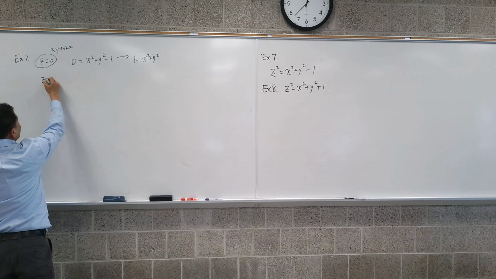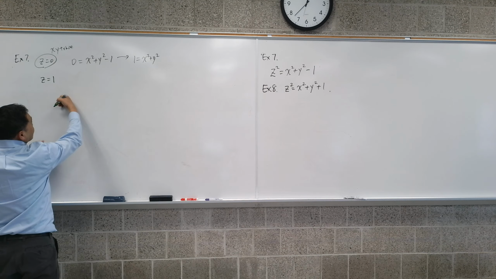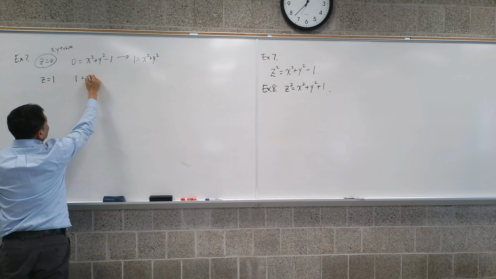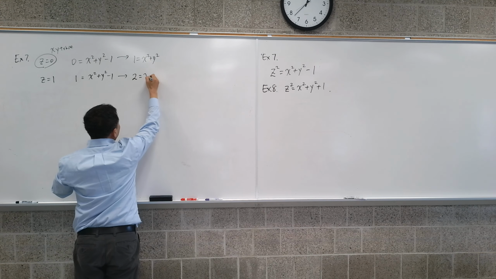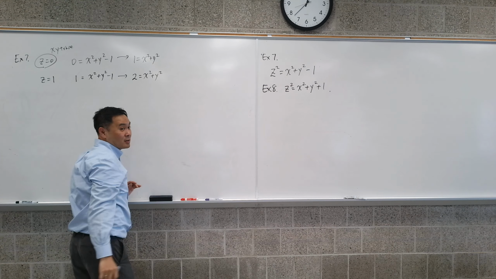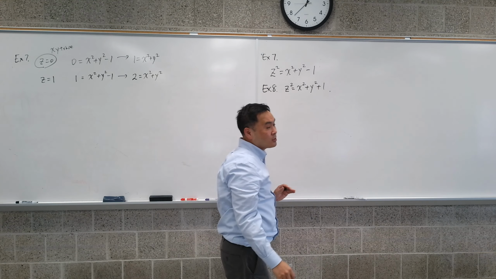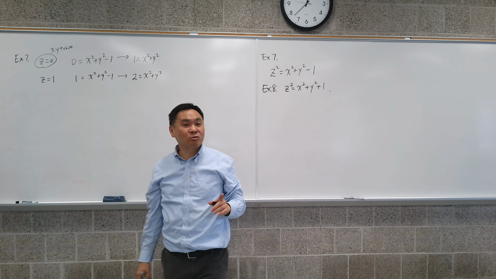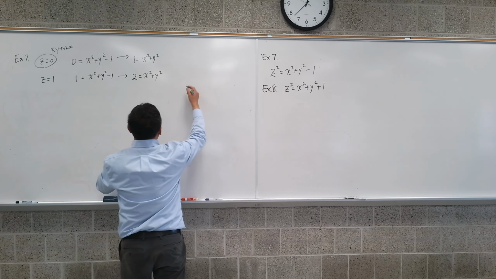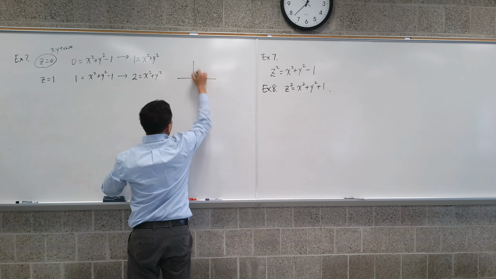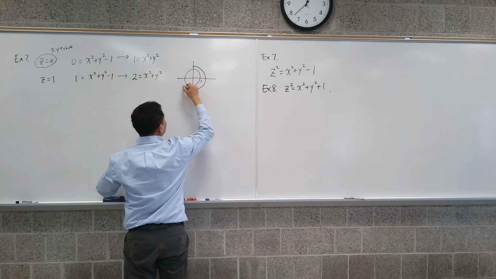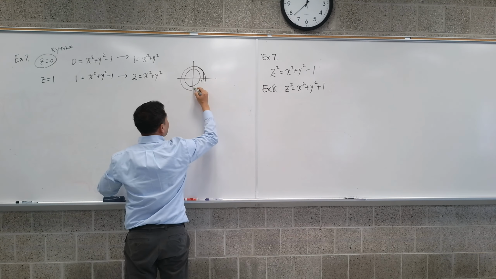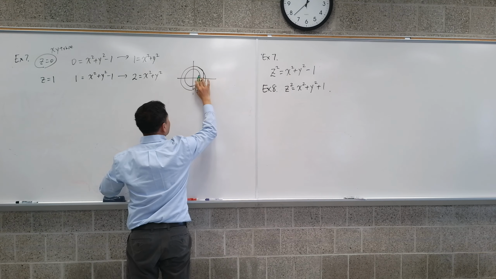What if I do z equals to 1? That's going to give you 1 equals to x squared plus y squared minus 1, so that's going to give you 2 equals to x squared plus y squared. What's that? Not radius 2, radius square root of 2. Right. So if you put them together, the smaller one will be here, and the other one will be not double the size, but like 40% larger.